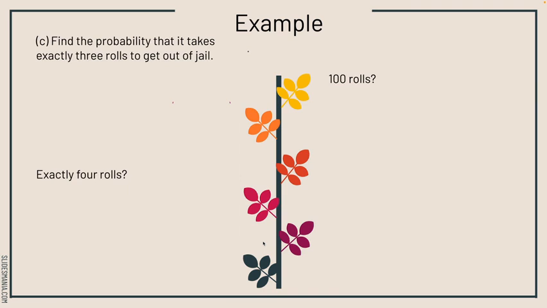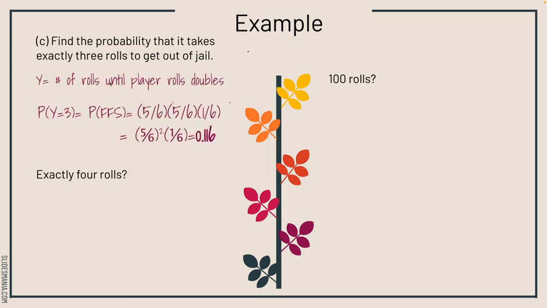All right, so let's look at this example. Define the geometric random variable. It says, find the probability that it takes exactly 3 rolls to get out of jail. So we do need to specify what we're looking for. Y is the number of rolls until the player rolls doubles. So Y equals 3.